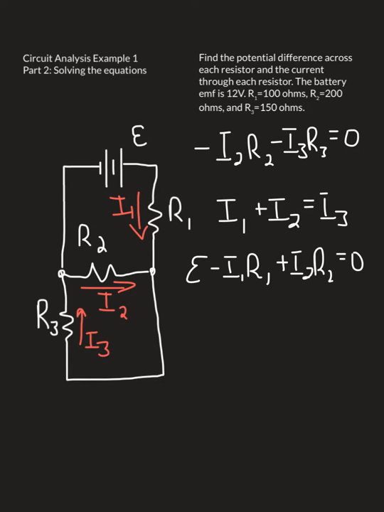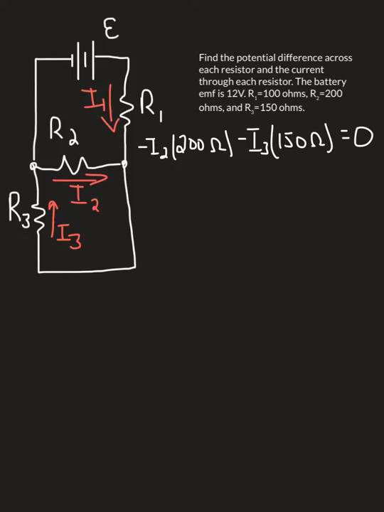The third equation we're going to use is a voltage law equation. It came from analyzing loop 1. That the EMF of the battery minus the voltage drop across resistor 1 plus the voltage drop across resistor 2 all add up to 0.